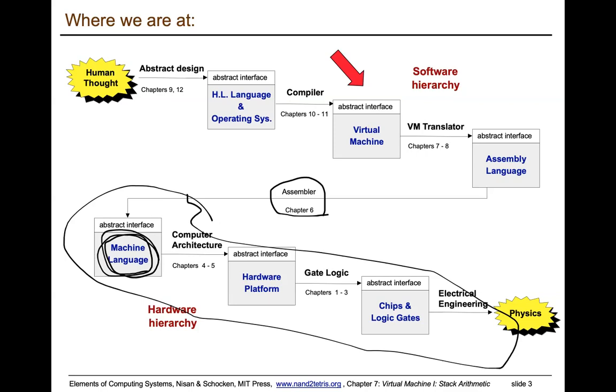We finished assembly language. We use an assembler to translate from assembly language to machine language. Sometimes we call assembly language a symbolic language. Why? Because it's mostly like machine language, but I just add a certain kind of variable name instead of the number.